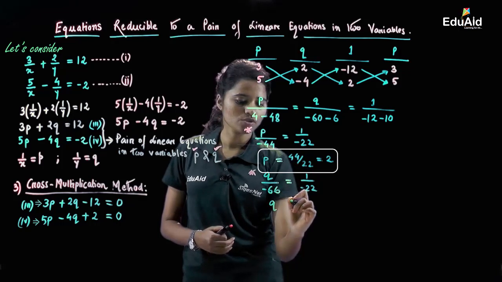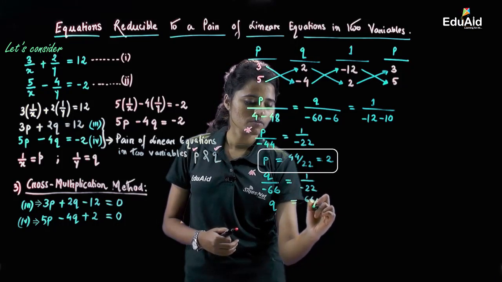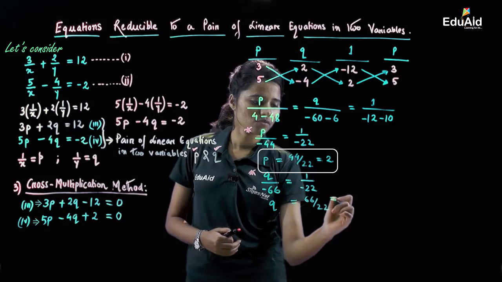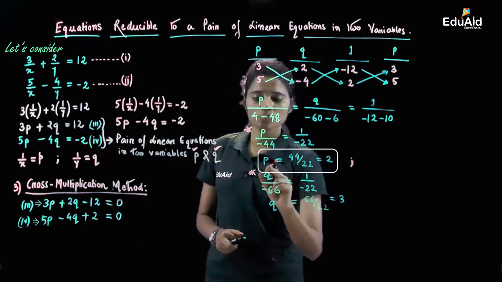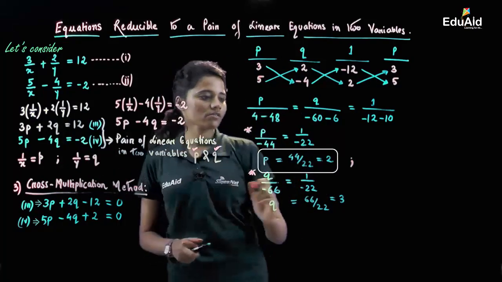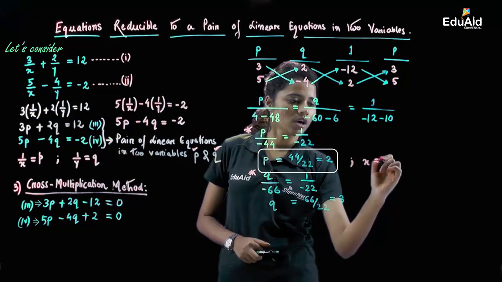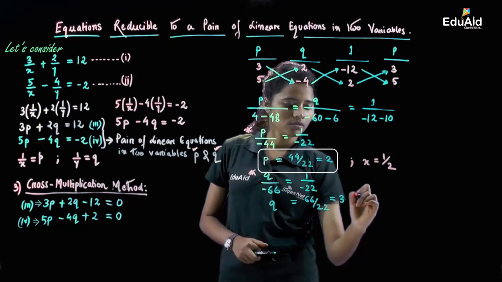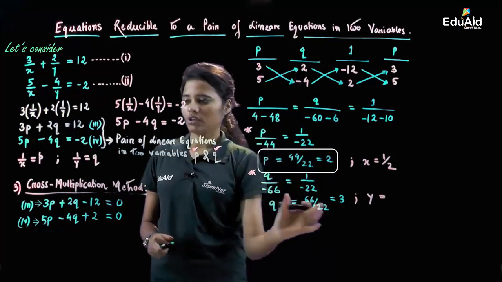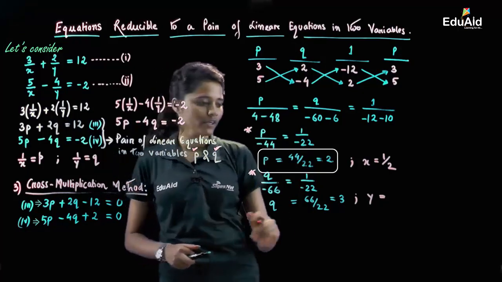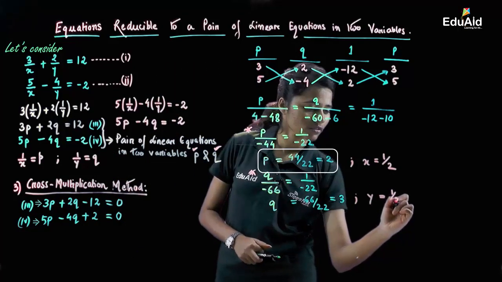So q is equal to 66 by 22, which is equal to 3. Since p is equal to 1 by x, x is equal to half. From here, since q is equal to 3, y will be 1 by 3.